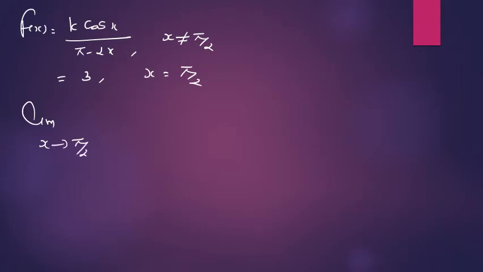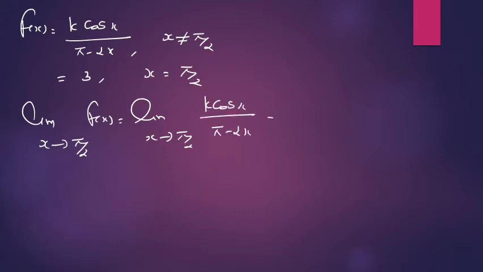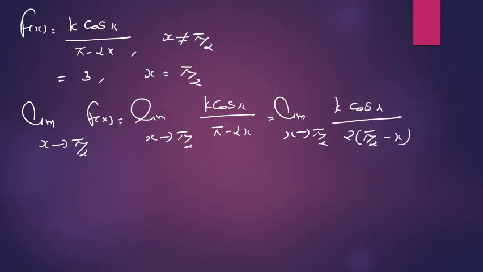The limit as x tends to pi by 2 of f(x) is equal to the limit as x tends to pi by 2 of k cos x by (pi minus 2x), which is equal to the limit as x tends to pi by 2 of k cos x by 2 into (pi by 2 minus x).